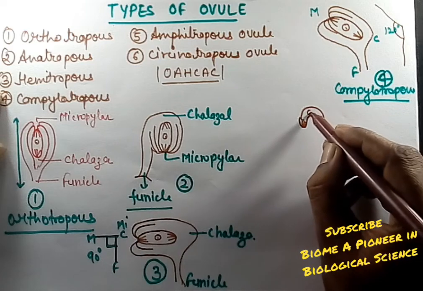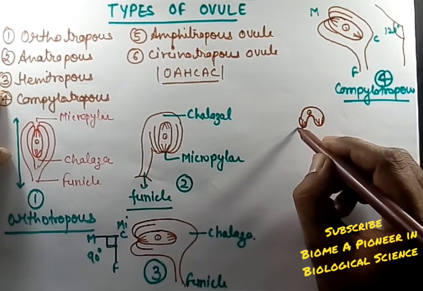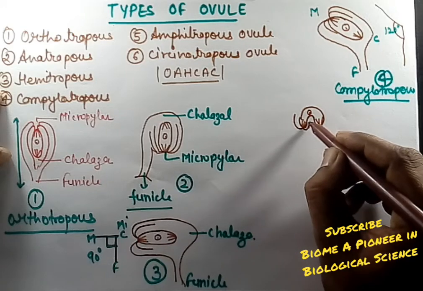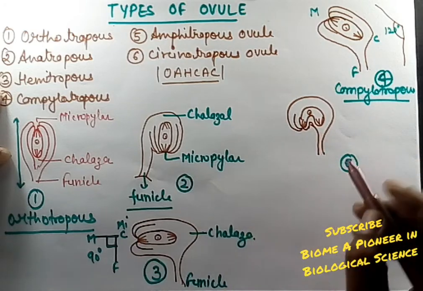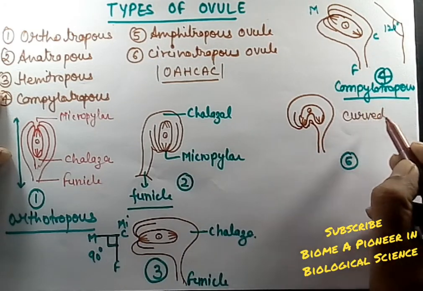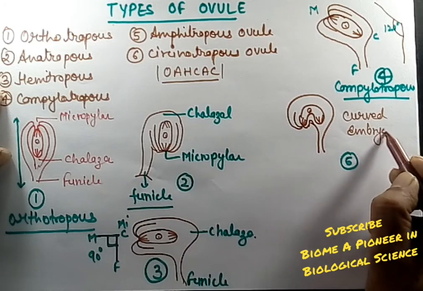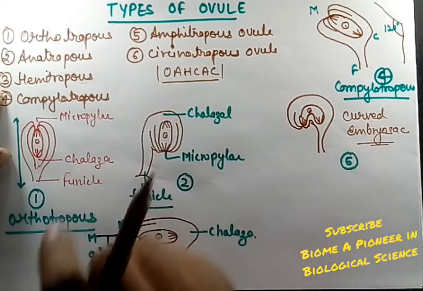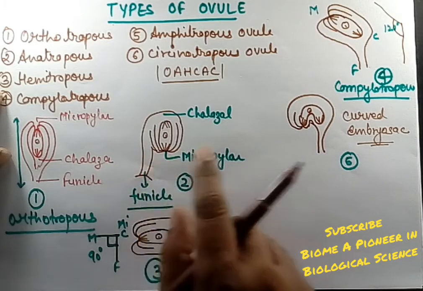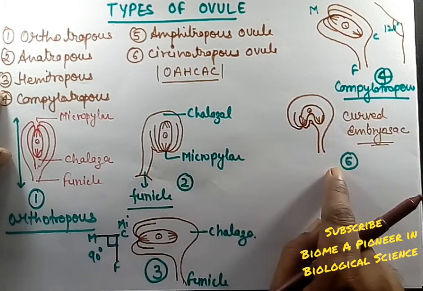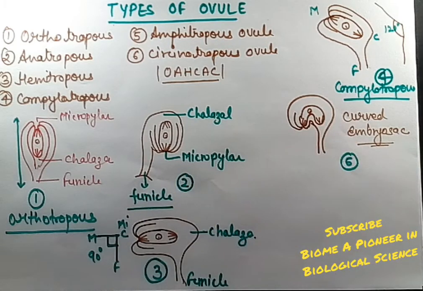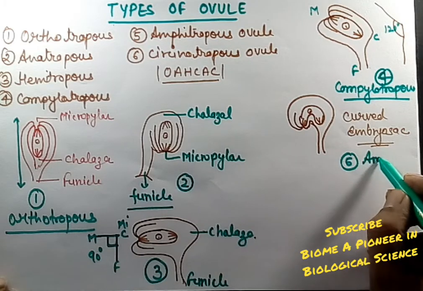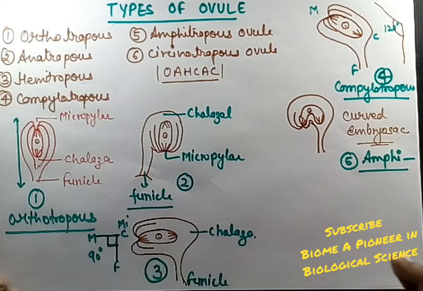The embryo sac is curved in the case of amphitropous ovule. Similar to the anatropous ovule, but here the embryo sac itself is curved. Here the embryo sac is not curved, there the embryo sac is curved. This is called amphitropous ovule.